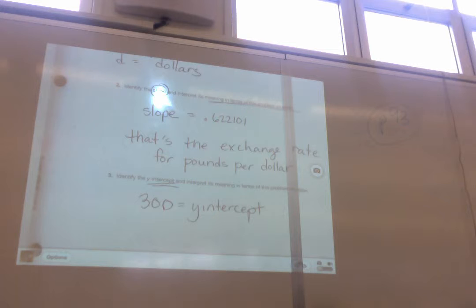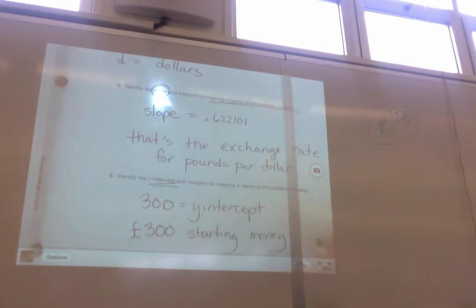How many pounds you had to start, not dollars. You were thinking the right thing, but we'll use the right words. This is 300 pounds, the starting money or spending money for every student.